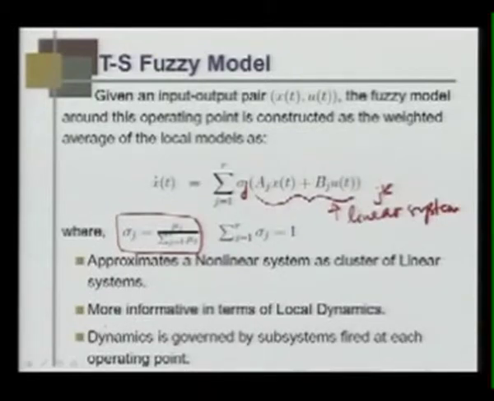So, the advantage of fuzzy system is more informative in terms of local dynamics, because I can look at a nonlinear system in terms of linear systems. Dynamics is governed by subsystems fired at each operating point.